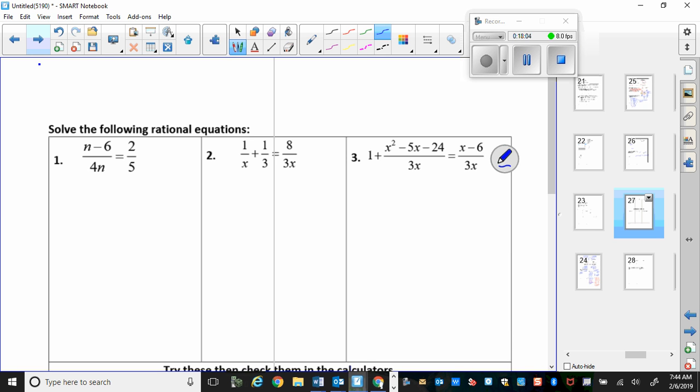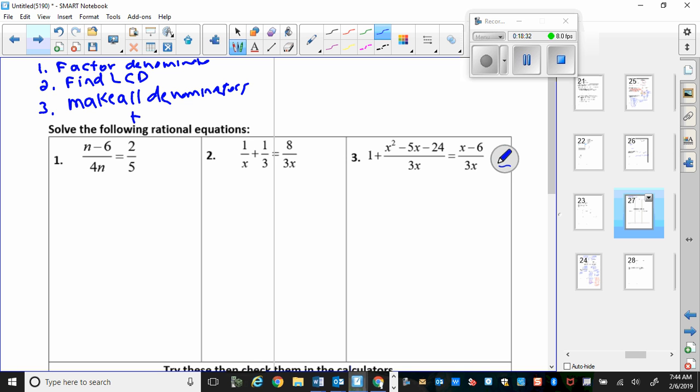So things we want to do: number 1, factor denominators. Number 2, find the LCD. Number 3, make all denominators the same.